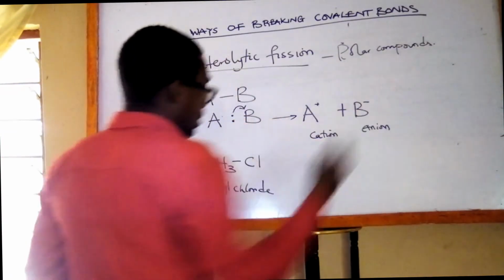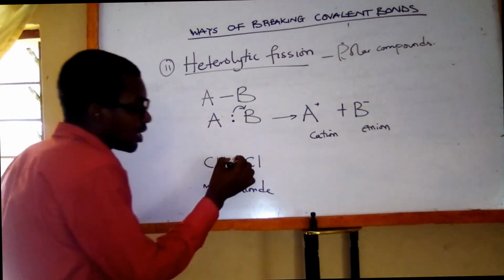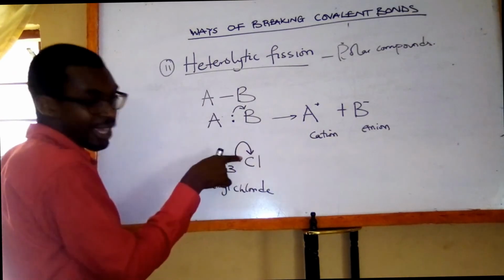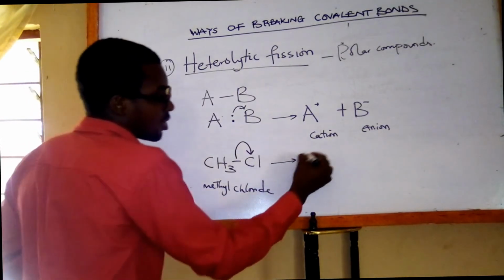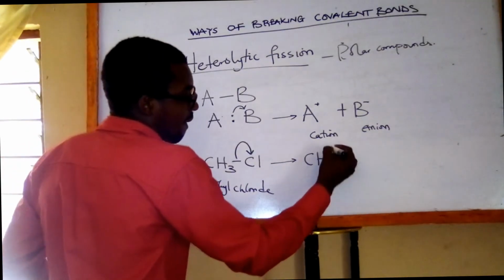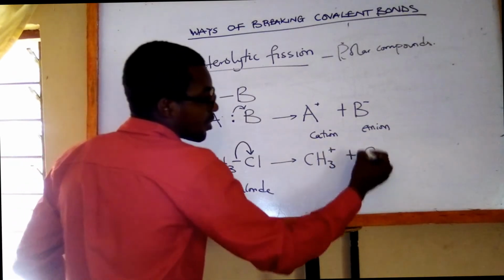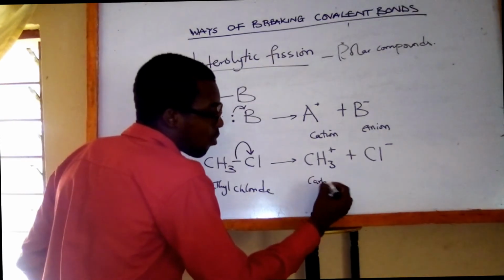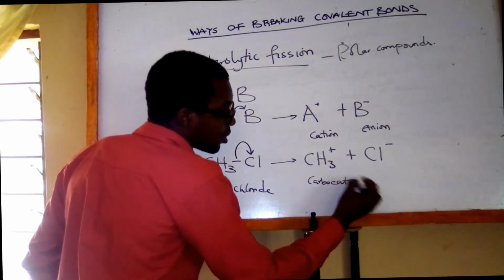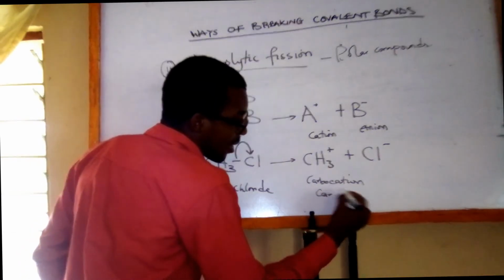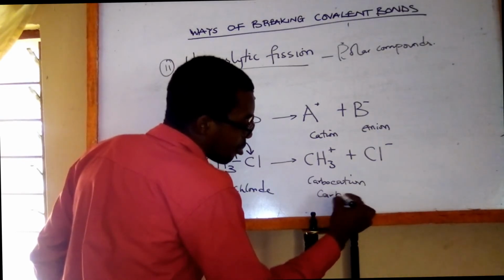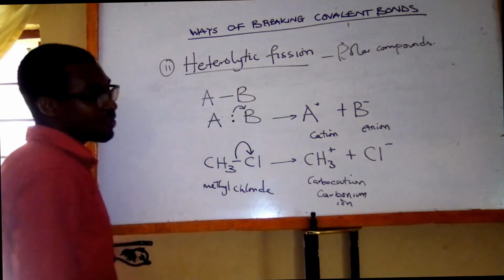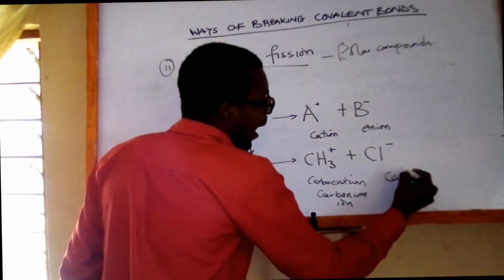What happens is that the shared electron is taken by chlorine, and then you have this plus Cl minus. This is called a carbocation or a carbonium ion, while the negative is called a carbanion.